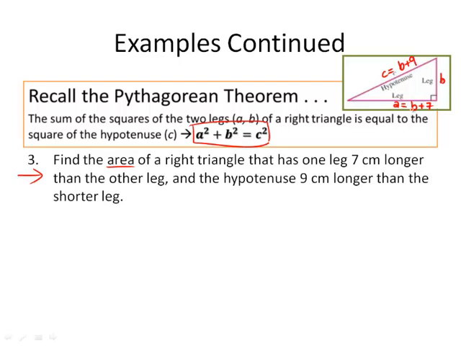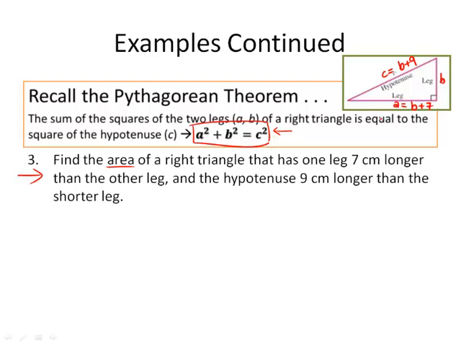So we can see that we have B plus 7 and B as legs and B plus 9 as the hypotenuse. They want the area, but in order to find the area, we need to have the lengths of the sides. So we need to have B, which is our height in this case. So maybe we can use our Pythagorean theorem to our advantage.